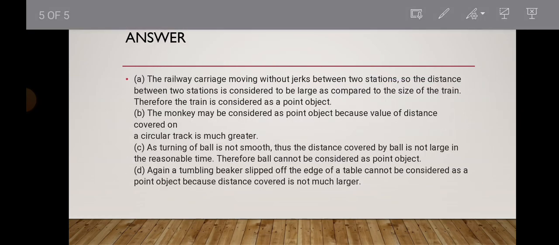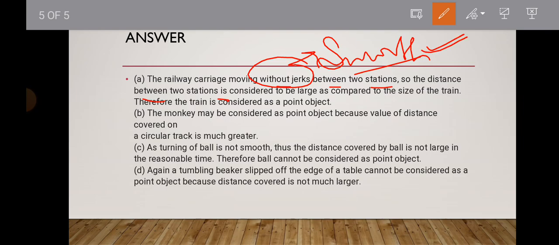Now look at the solution: the railway carriage moves without jerks between two stations, meaning a smooth path, so the first condition is satisfied. Second, the distance between two stations is considered to be large compared to the size of the train.